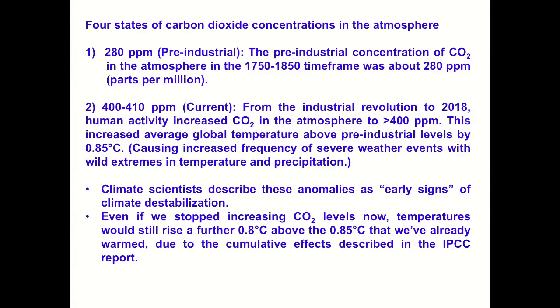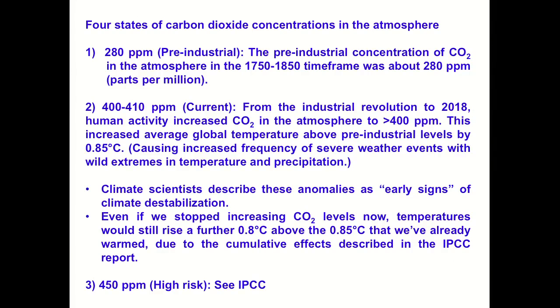It takes a long time to get it out of the atmosphere, and basically, even if we were to stop emitting carbon dioxide completely right now, temperatures would still rise at least half a degree, probably 0.8 degrees C, above the previous increase of 0.85 degrees C that we've already seen. And that's due to the cumulative effects already in the atmosphere. So again, look at the IPCC report, which discusses that in more detail.